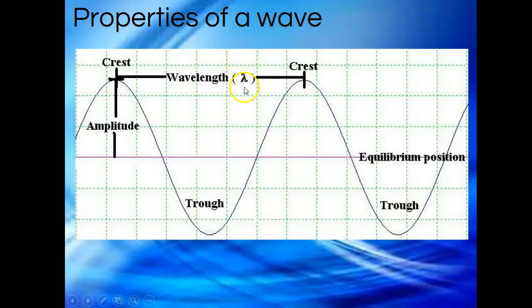When we get ready to calculate speed, you'll see this symbol because we have to do some math to calculate speed. This takes us to the end of this slide that talks about wavelength.